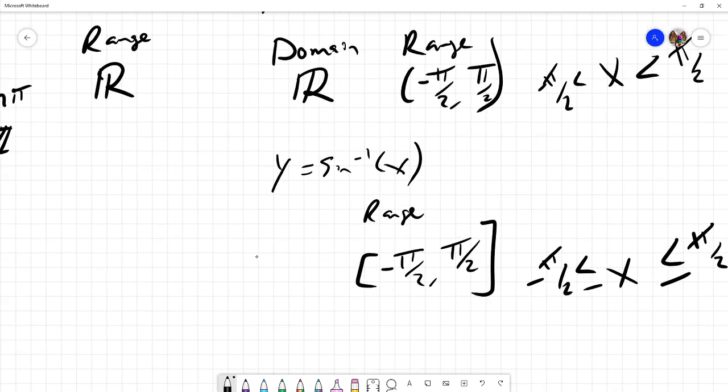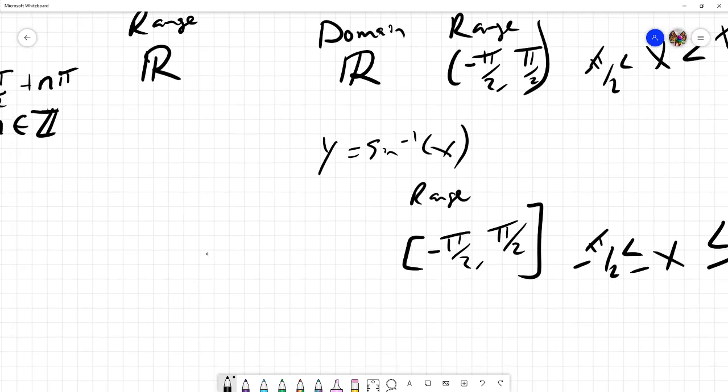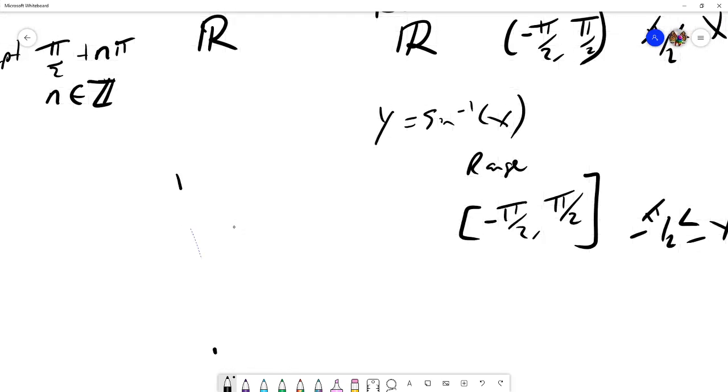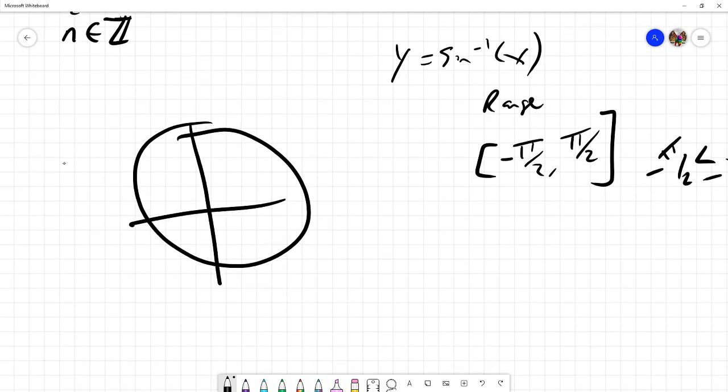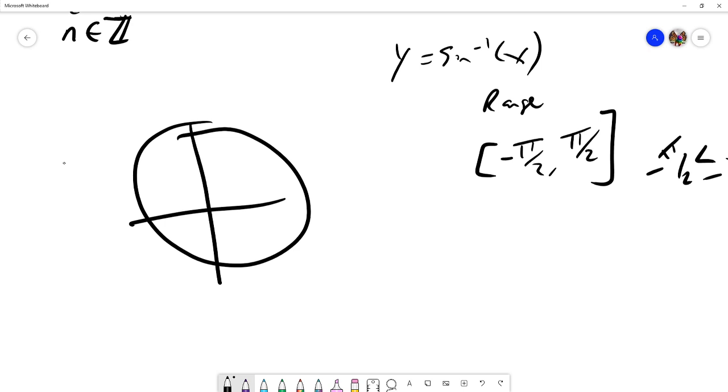The other thing we want to note now for arctangent is that it will give out angles on the right side of the graph. In fact, it will give you all the angles on the right side of the unit circle except negative pi over 2 and pi over 2.